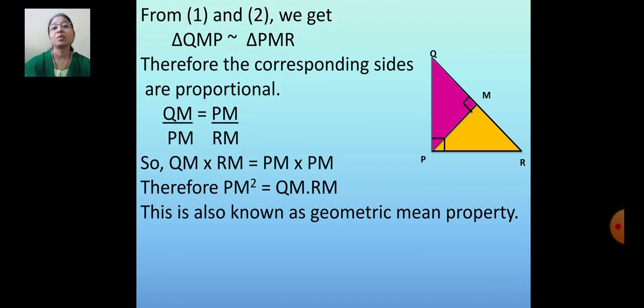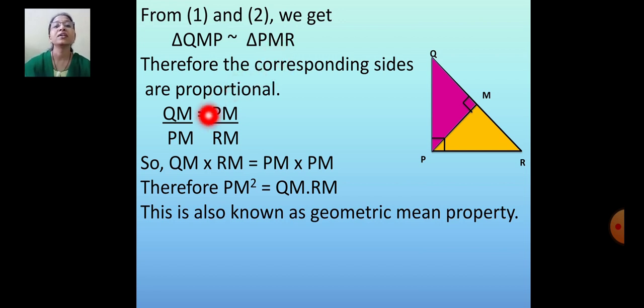Give that equation number 2. Now from equations 1 and 2, the bigger triangle QPR is common in both. Therefore, the other triangles are also similar. You will see the triangles on either side of this perpendicular segment PM are similar to each other. So triangle QMP, the pink color triangle, is similar to triangle PMR, shown by yellow color.